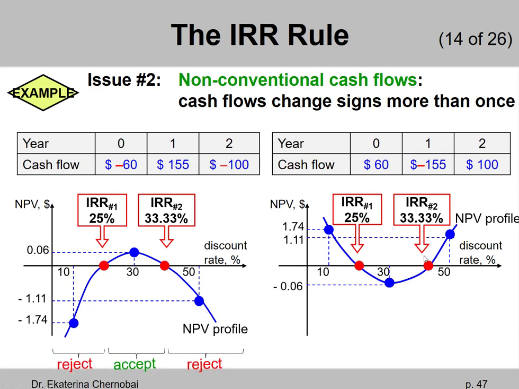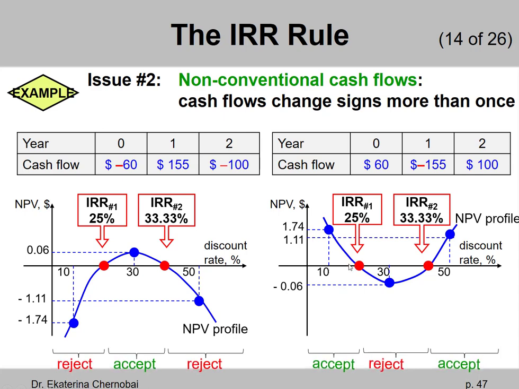And as a result of this sort of transformation, in the graphical illustration of what's going on, the range of the discount rate, of the required return, that makes the project worth accepting, there are actually two ranges now.